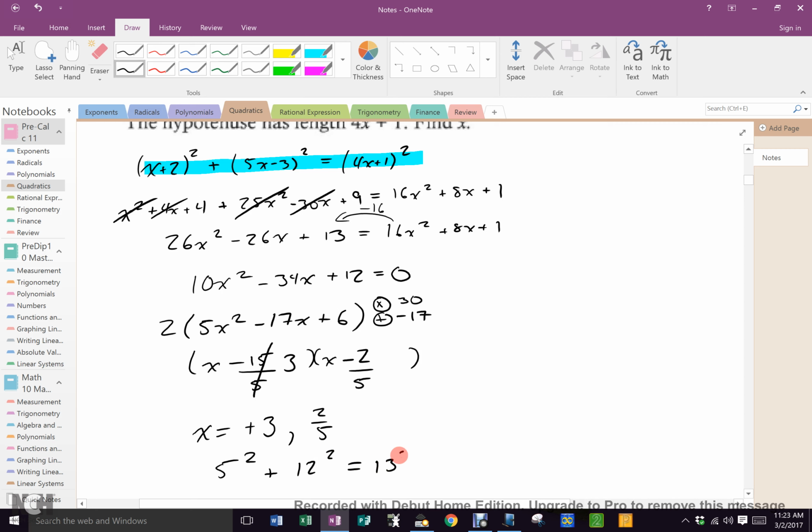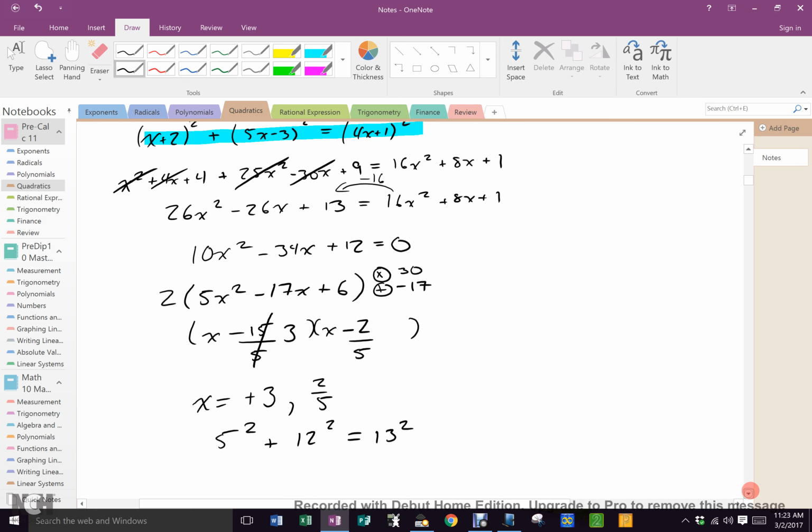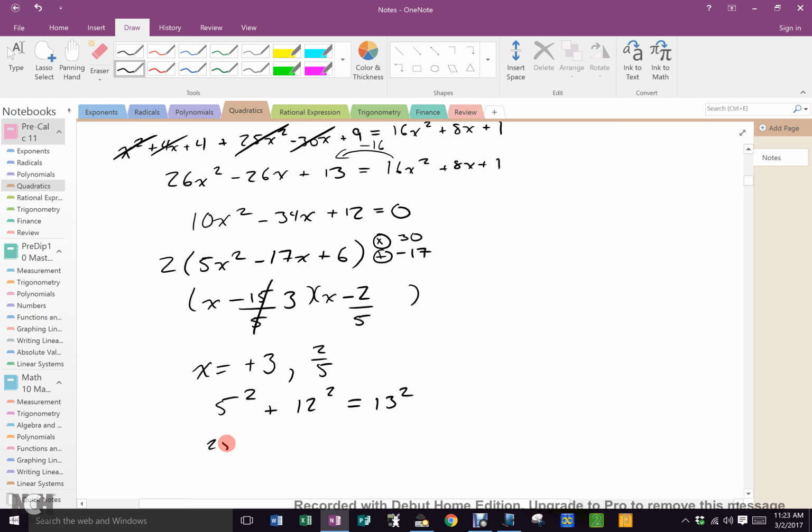So that's 13 squared. Does that work? 25 plus 144 equals 169. Does that work? So is 3 my right answer? 3 is a right answer.